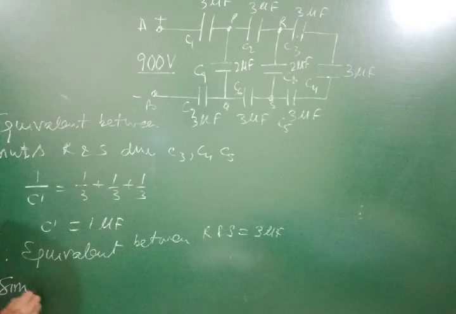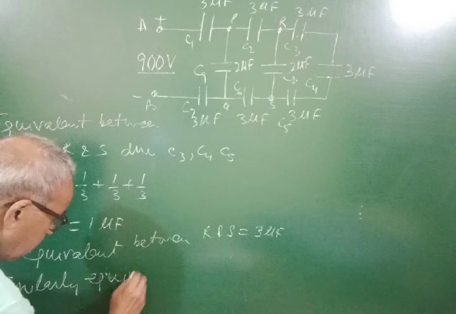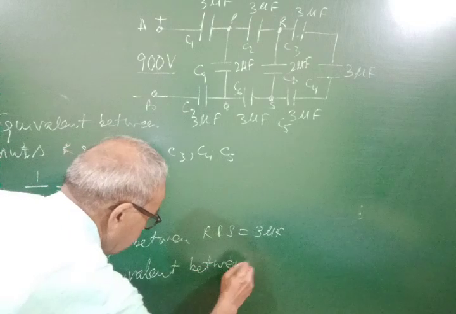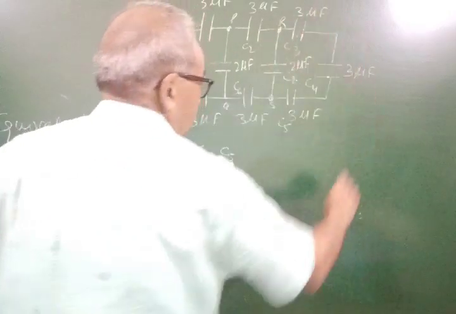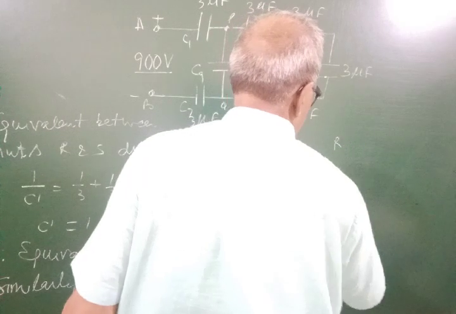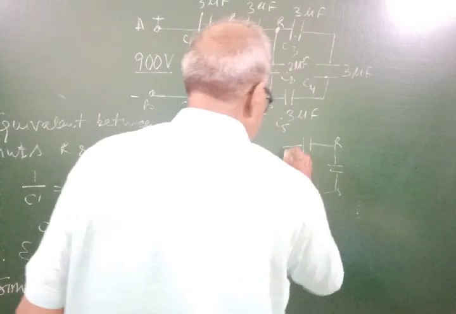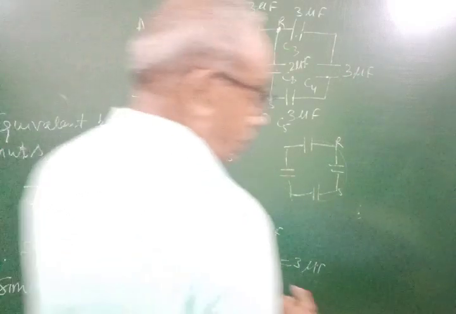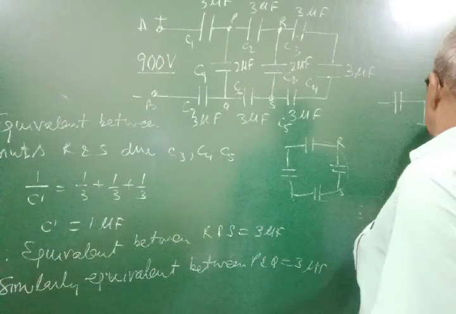Similarly equivalent between P and Q is 3 microfarad. क्योंकि ये 3 हो गया, अब यहाँ पर 3, अब लास्ट में ये RS के लिए यहाँ ये 3 और ये भी 3 और ये 3 और फिर ये 2, तो ये 1 ये 2 तो फिर 3 हो गया. तो अल्टीमेटली we have got a circuit diagram like this, 3 3 3.